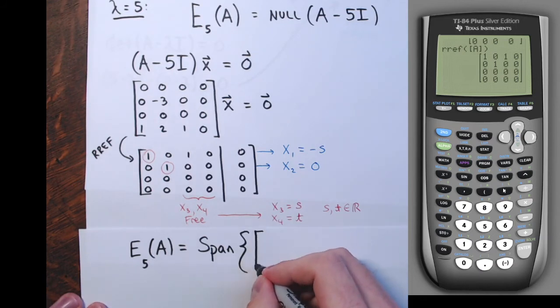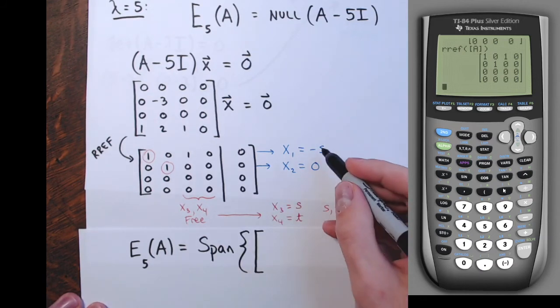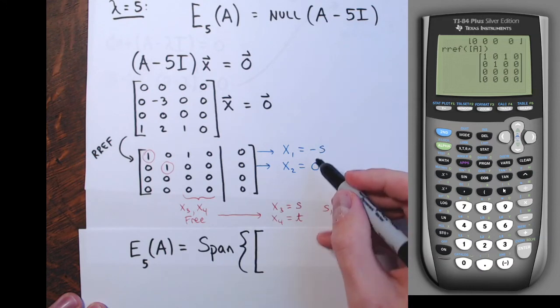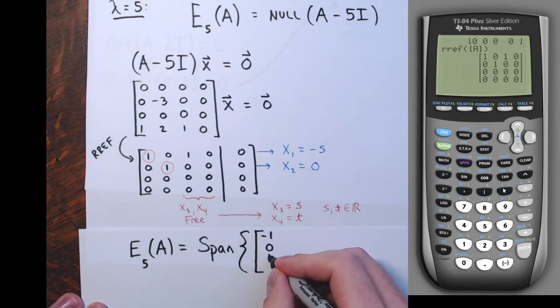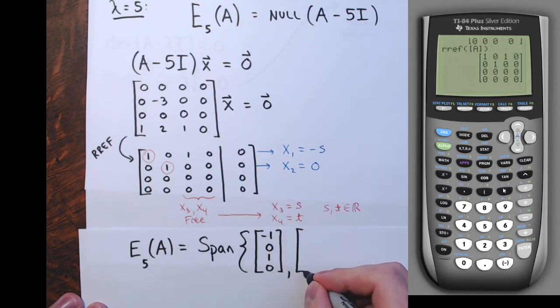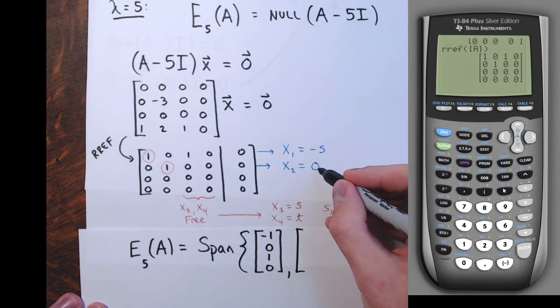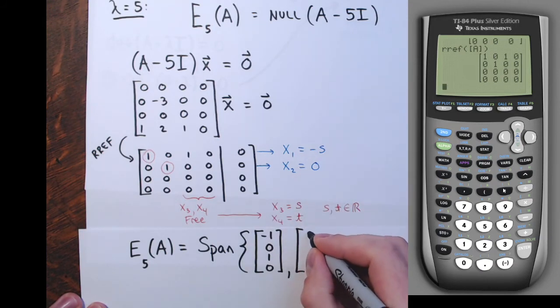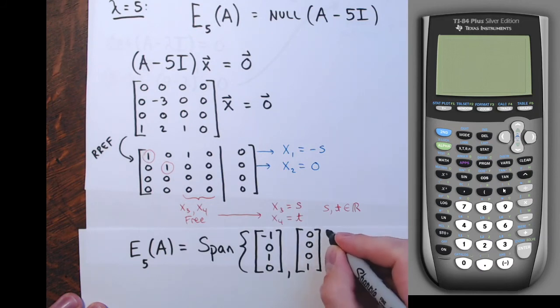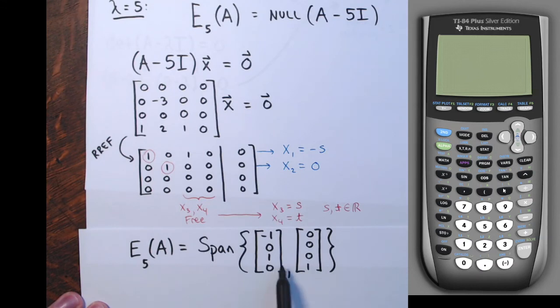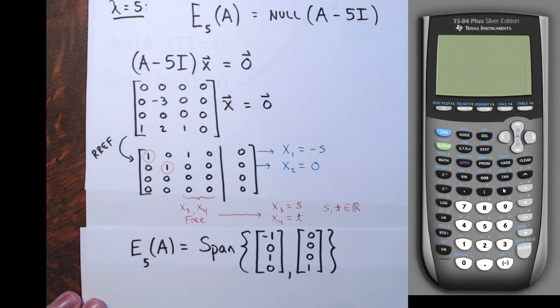The 1 vector has components that are coefficients of s, so -1 for x1, then 0, then 1, then 0. And the other vector corresponding to the coefficients of t, 0, 0, 0, 1. And every solution to that equation earlier is just some linear combination of these 2 independent vectors.